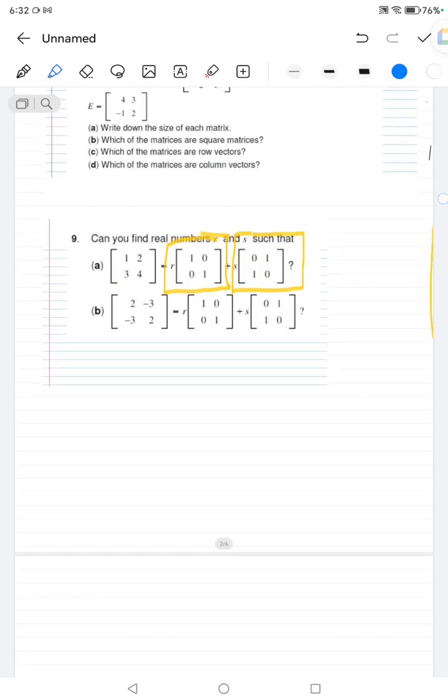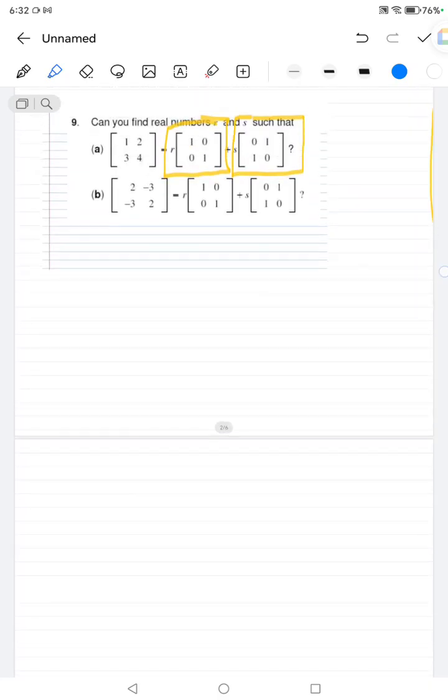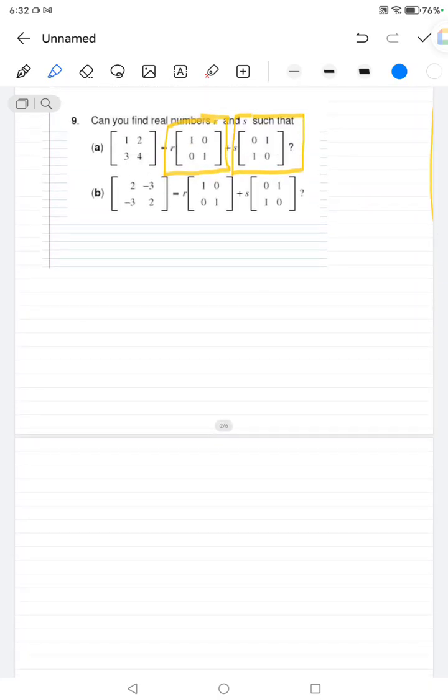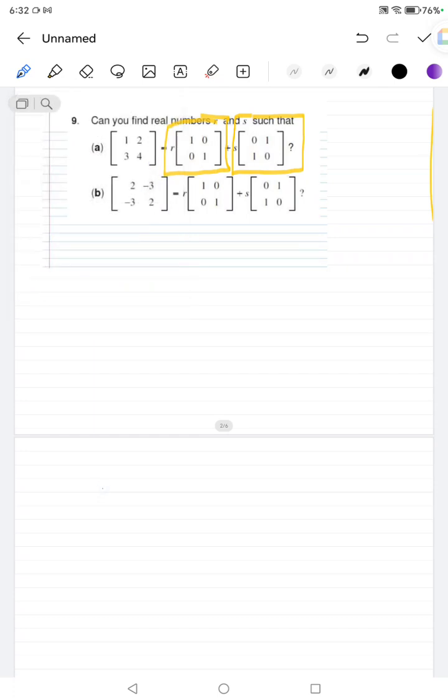So for our first question, let's try and consider the right hand side for now. We're going to have something that looks like this.